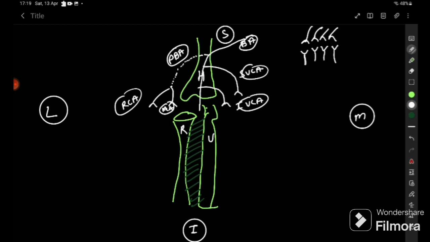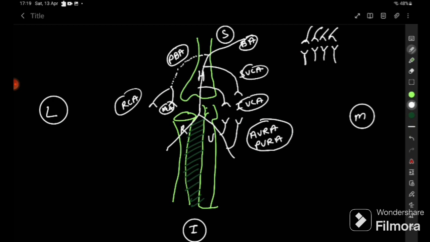Now this brachial artery will divide into the radial artery and the ulnar artery. The ulnar artery will give off two branches which ascend upwards: the anterior ulnar recurrent artery and the posterior ulnar recurrent artery. So these are the two ascending arteries.